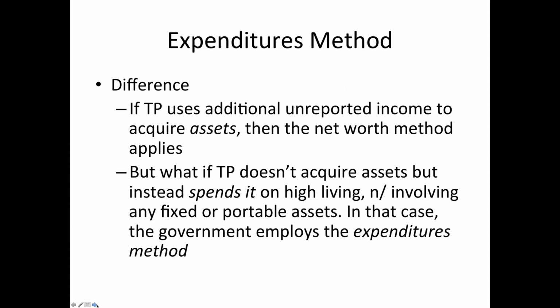The difference here is that if the taxpayer uses additional unreported income to acquire assets, then the net worth method applies. But what if the taxpayer doesn't acquire assets, but instead spends it on high living, not involving any fixed or movable assets? In that case, the government will employ the expenditures method.